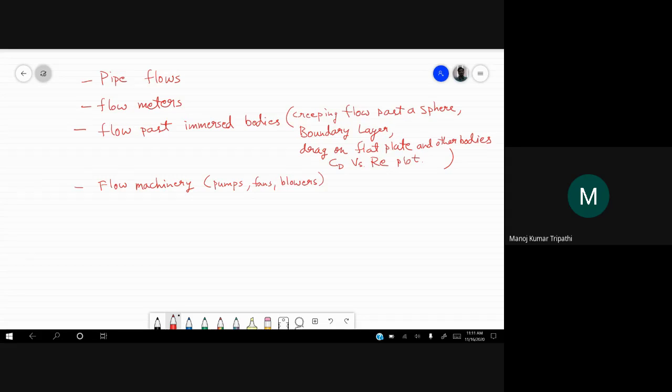Then within pumps, there is a topic about performance, efficiency. Then comes a part where we discuss cavitation. Cavitation phenomenon we have already discussed in brief.